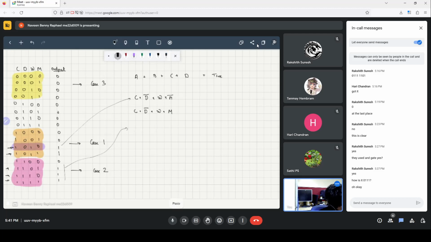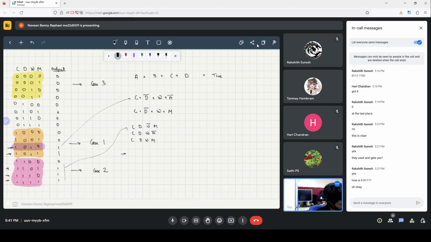So that is C multiplied by D multiplied by W negation multiplied by M, C D W M negation, C D W M. So if I add these 5 terms, we'll get the output.